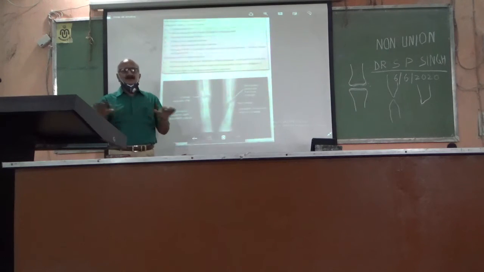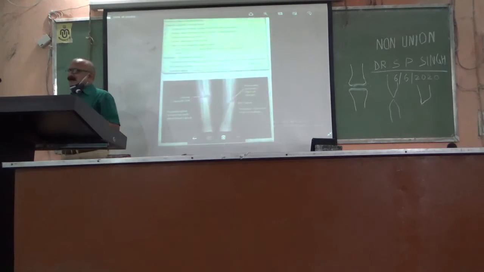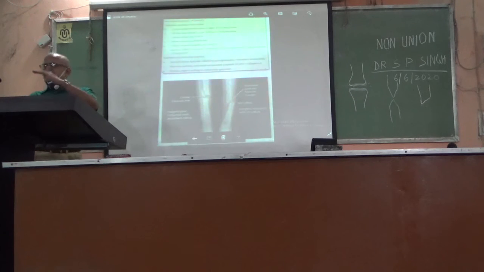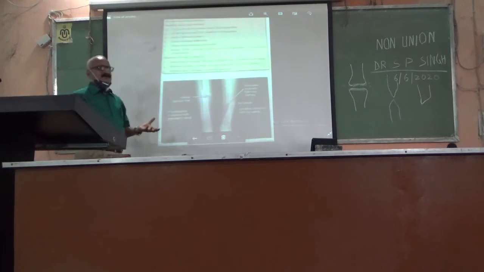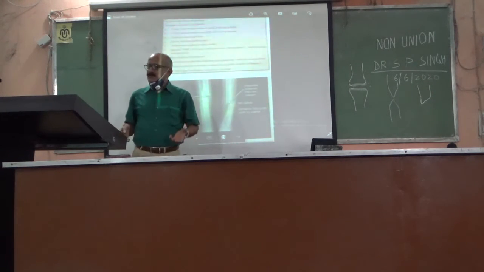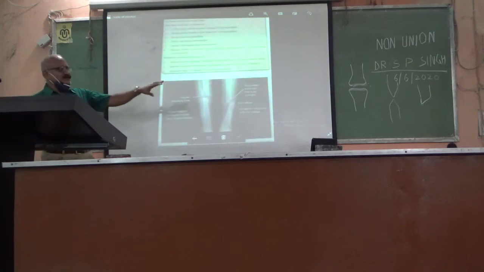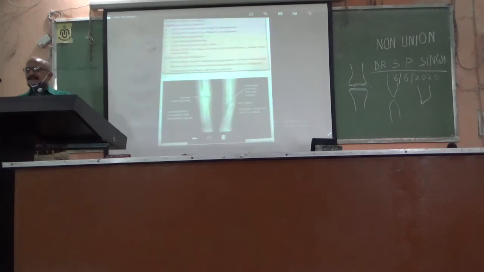There will be absolutely no bleeding, and you have to reach a bleeder area. You must excise that part of the bone till it starts showing bleeding. So that bleed is the vitality, the sign of vitality of the bone. So excise the bone and all fibrotic tissue in between.